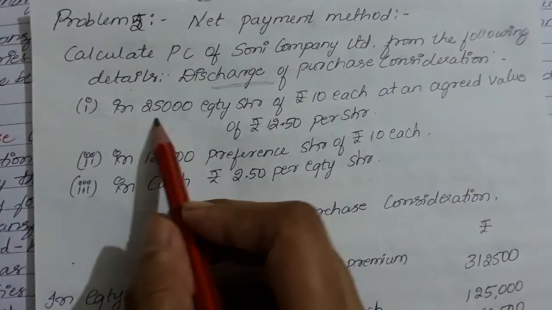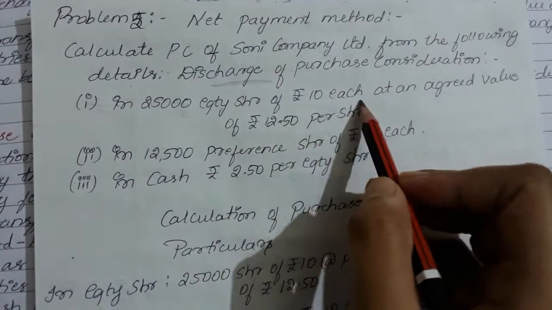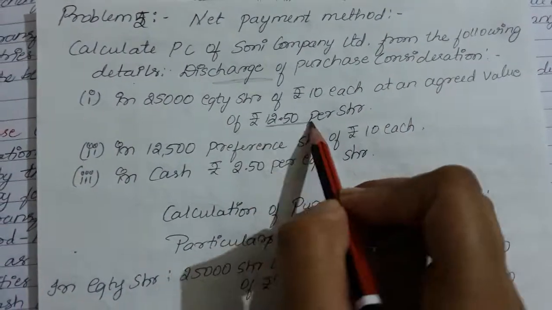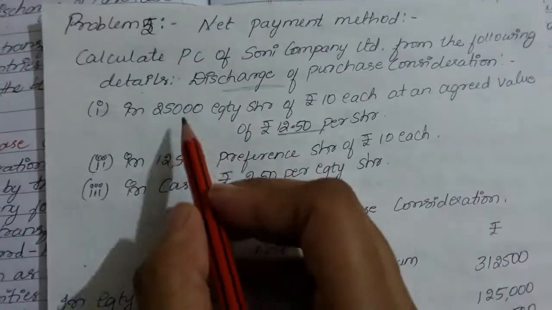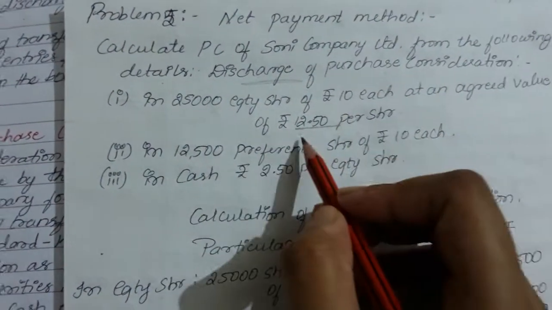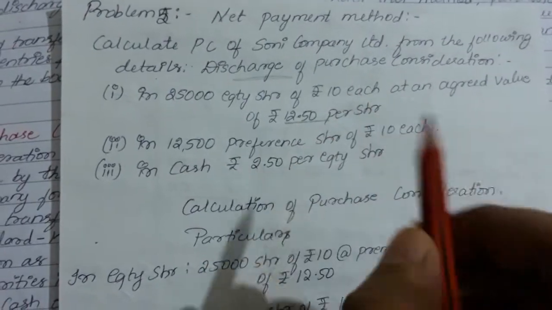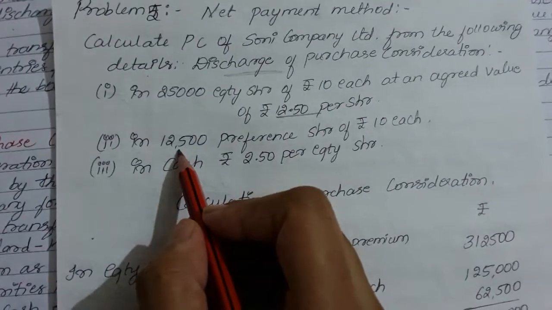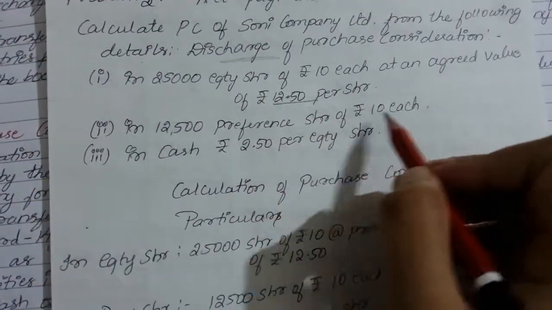So how are they giving it? First, 25,000 equity shares of rupees 10 each at an agreed value of 12.50. So 25,000 equity shares, each is 10 rupees, but they are giving 12.50 rupees. Second is 12,500 preference shares of 100 each.